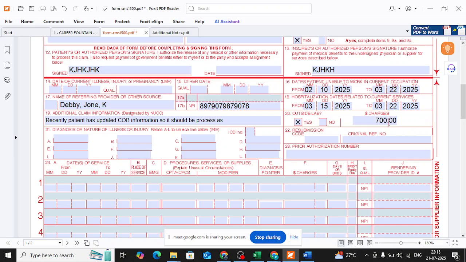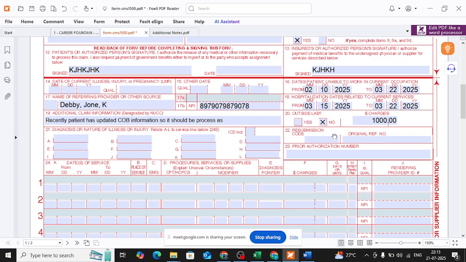We are not billing this, we are just mentioning whether he went outside or not. If not, that's fine, we can ignore this, it will go as a zero. Or if he has taken it inside only, it is not outside, it is inside only.